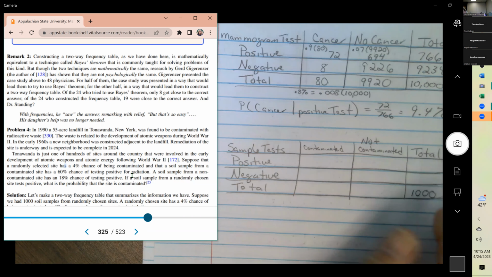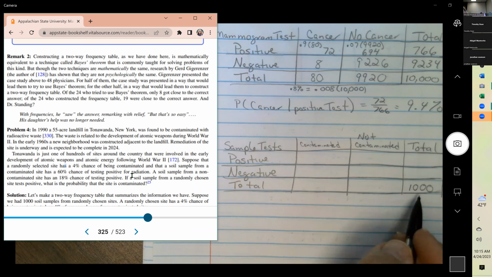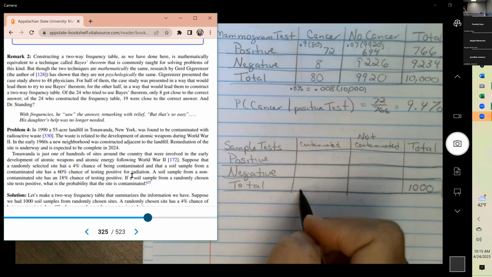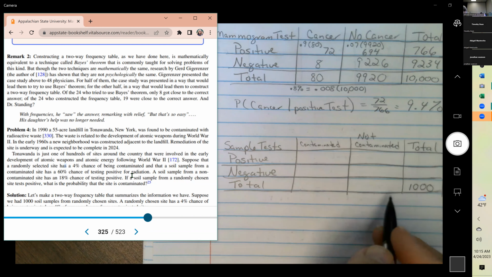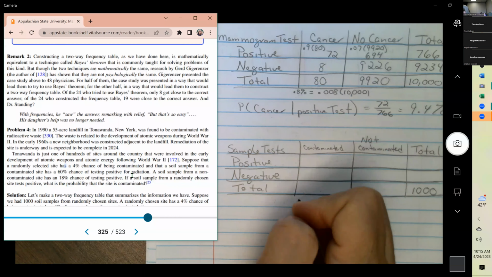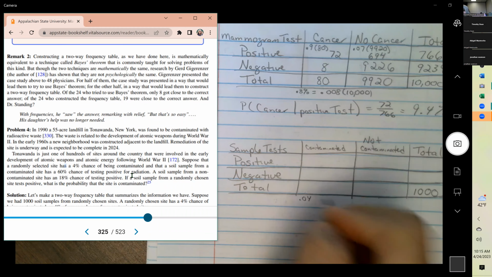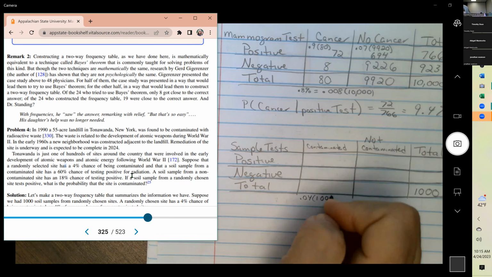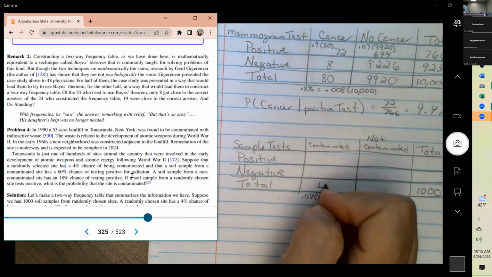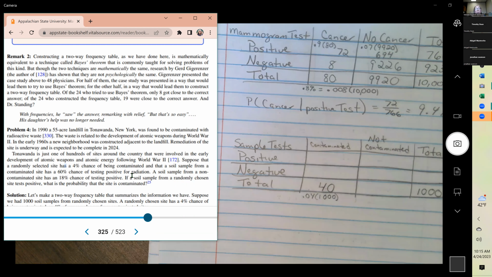Of the 1,000 samples, there's a 4% chance that they're contaminated. 4% as a decimal times the 1,000. So 40 of the 1,000 samples are contaminated. Any questions on that part?